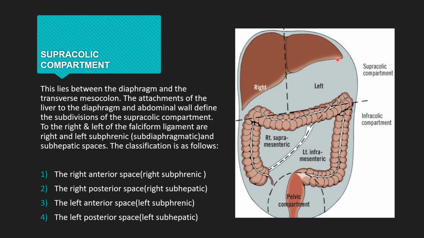And students, out of these 4 spaces, the right posterior space or the right subhepatic space is the most important one, and it has quite a huge weightage from the examination point of view, and we will discuss it in detail as well.